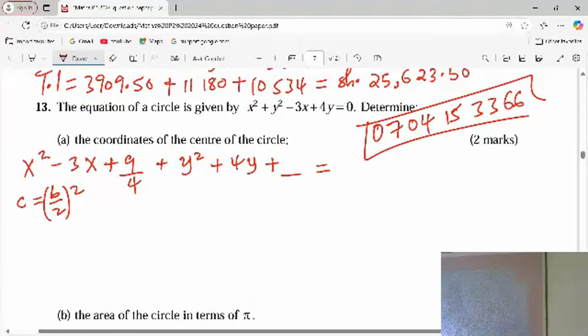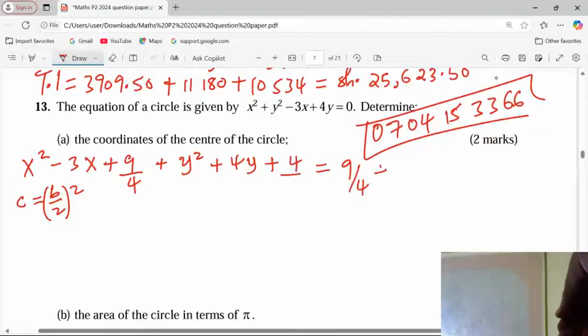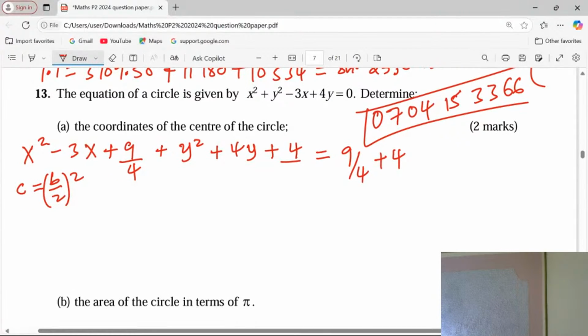On the other side, the value of b is 4, so it will be 4 over 2 squared. So 4 over 2 is 2, and 2 squared is 4. Now we'll be having 9 over 4 plus 4. We also add the constants to the right-hand side.